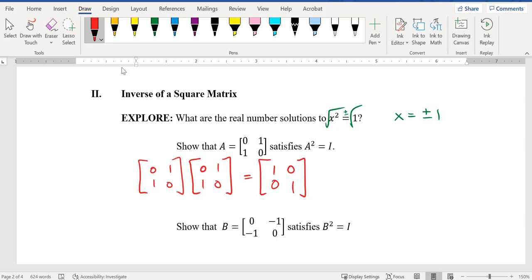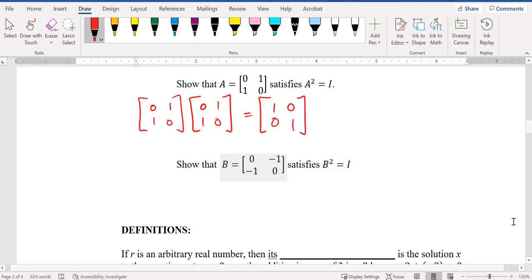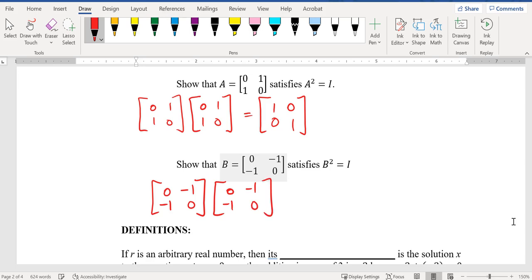All right. Now let's show that if B is 0, -1, -1, 0, it too squares to the identity matrix. So 0, -1, -1, 0 times 0, -1, -1, 0.